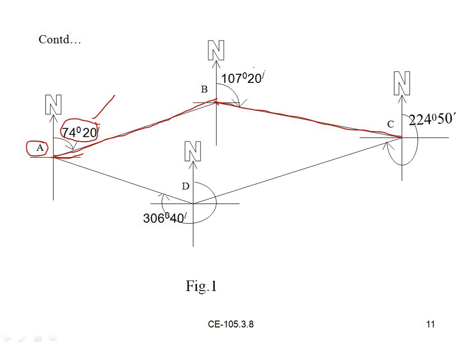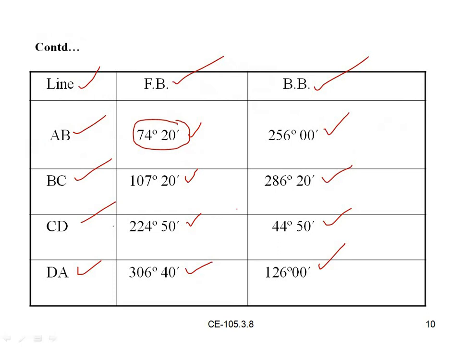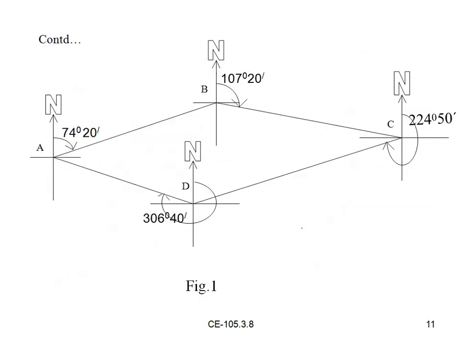So 107 degrees 20 minutes was the fore bearing of BC, and again CD. How much was it given? 224 degrees 15 minutes. So it is in the third quadrant.